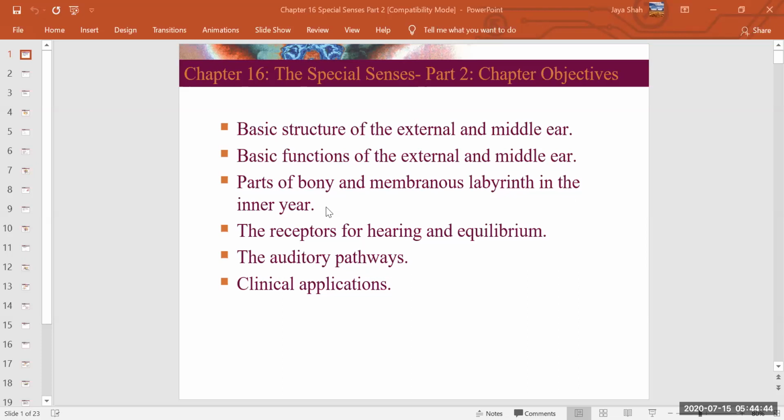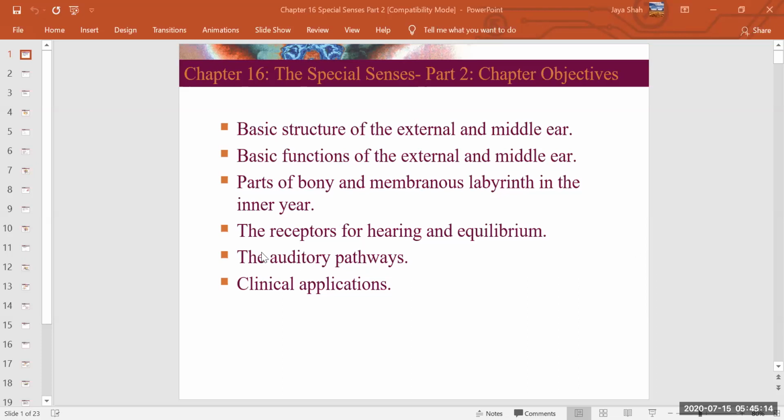The inner ear is a maze-like structure inside our temporal bone. It is like a tube within a tube. The outer tube is a bony tube, and fitting inside the bony tube is another, the membranous tube. So we're going to talk about the parts of the outer tube, the bony labyrinth, and the inner tube, the membranous labyrinth, in the inner ear.